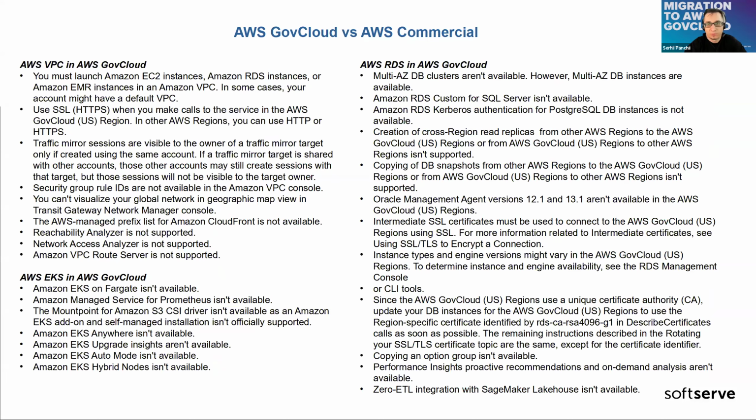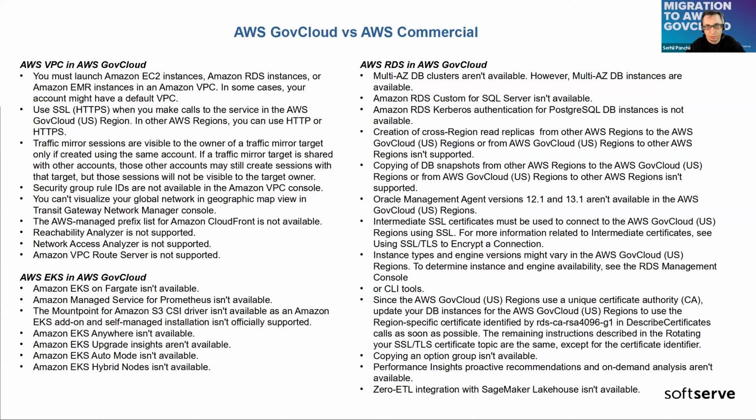Let's talk about differences between AWS commercial accounts and AWS GovCloud in terms of AWS service usage. Let's start with VPC limitations. You will notice a lack of VPC features in AWS GovCloud. Some of them are not supported.